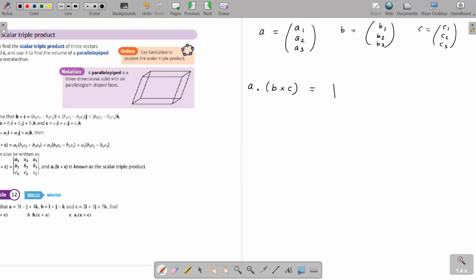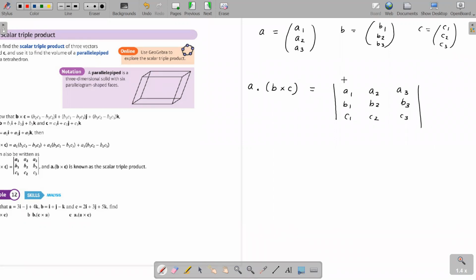The only difference is now we don't use i, j, k. Earlier for the cross product, the top row was i, j, k. Now the top row will be the components of vector A: A1, A2, A3. The second row will have the components of B, B1, B2, B3, and the third row will have the components of C, C1, C2, C3.